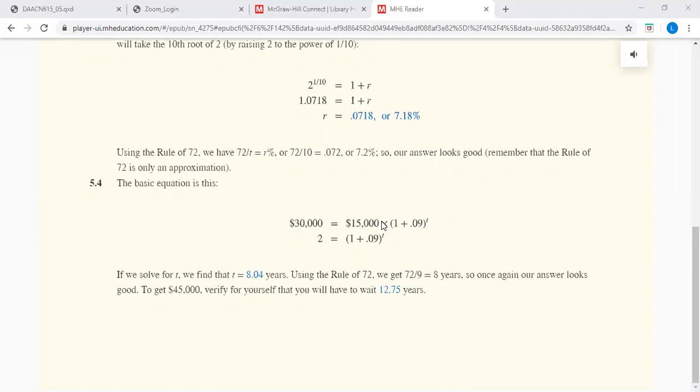So we just fill in our variables into our equation that we know. Take the 15,000 present value divided into the 30,000 future value, 2. 2 equals 1.09 to the t power. If we solve for t, we will find that this takes 8.08 years.